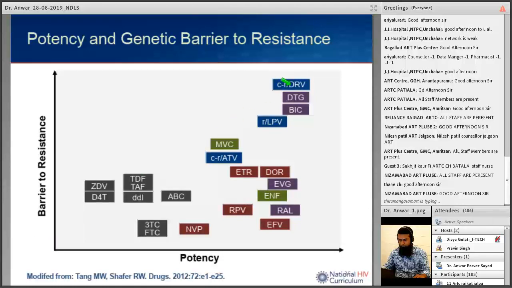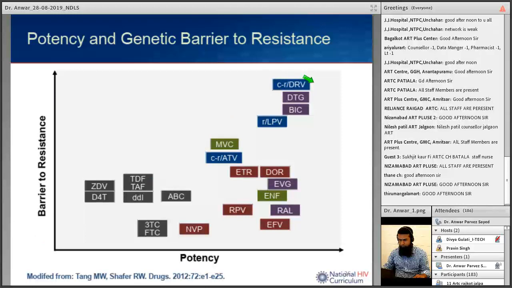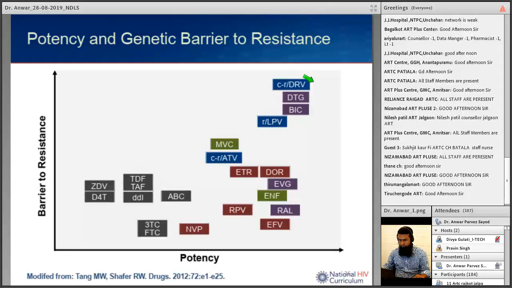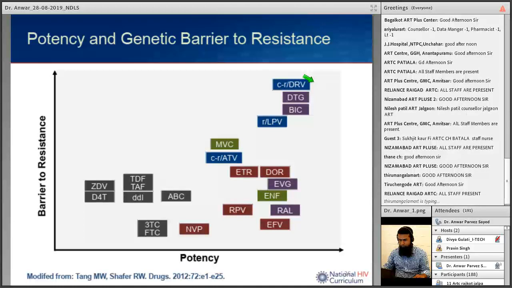The ideal position in this graph is the right upper quadrant, the right upper corner. The drug which we are using should be very potent and should have the highest genetic barrier to resistance. That means it should control the HIV virus in a stronger way, and even if there are some mutations against that particular drug, it should still be okay. The drug should still be sensitive for those viral populations.